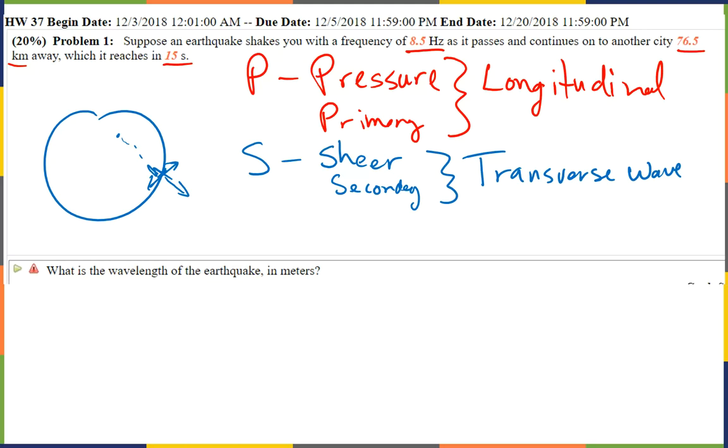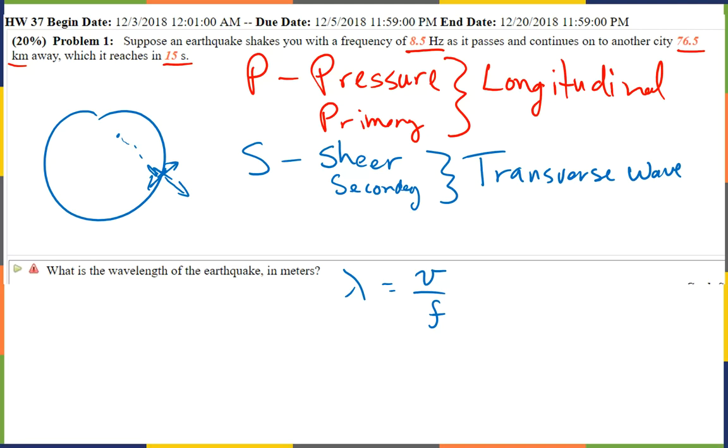Back to the problem. It doesn't say which type of wave it is. Obviously, the first one to get there would be a pressure wave if it was going through the bulk. How do I find the wavelength? Wavelength is equal to velocity over the frequency. So, does this tell me the velocity?